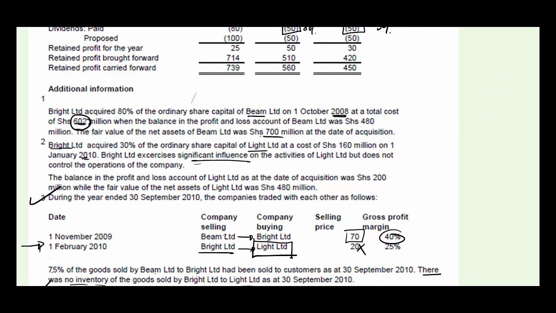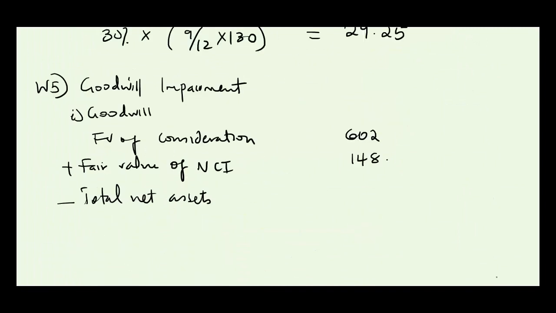The fair value of the net assets of the BIM was 700. So when I do this, what do I get? I get that my goodwill is 50.